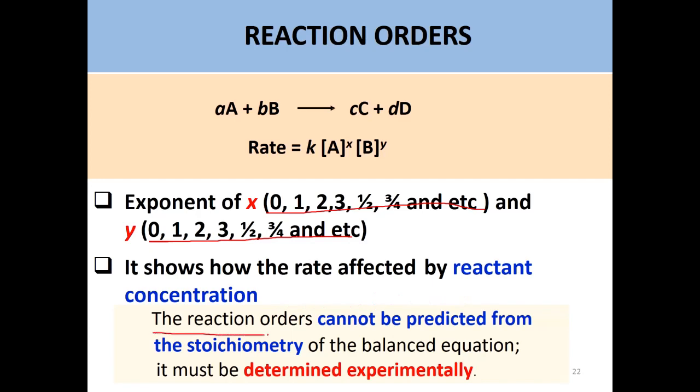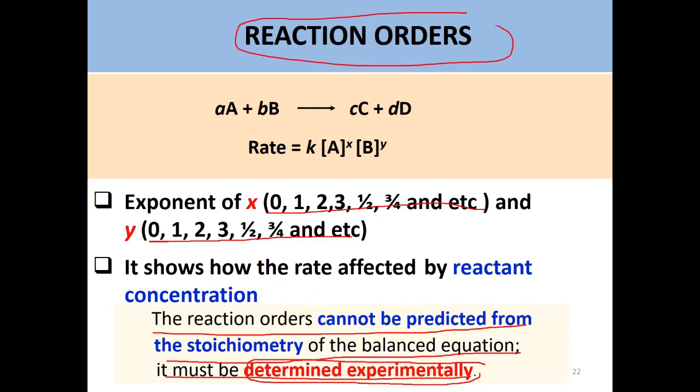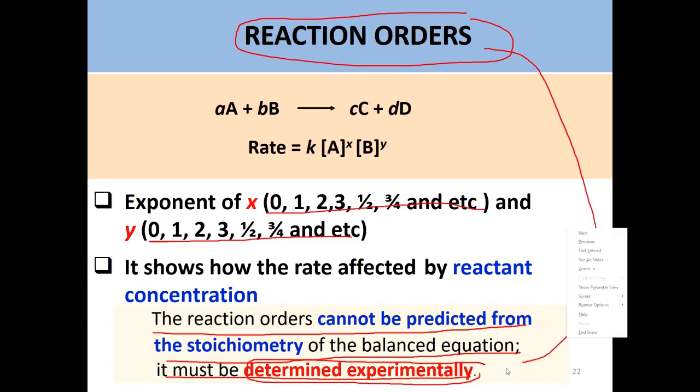Okay, the reaction order cannot be predicted from the stoichiometry of the balanced equation. It must be determined experimentally. This reaction order can only be determined experimentally.